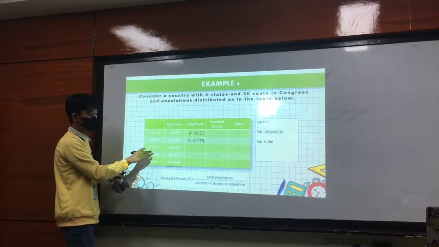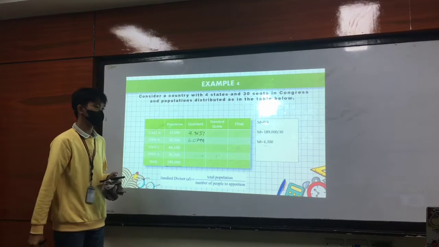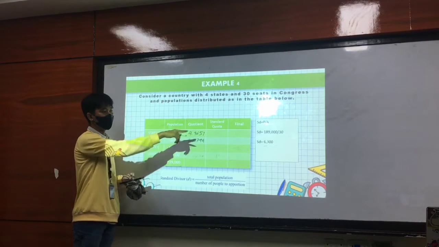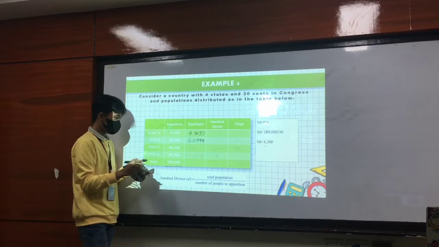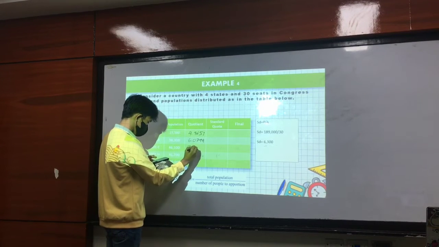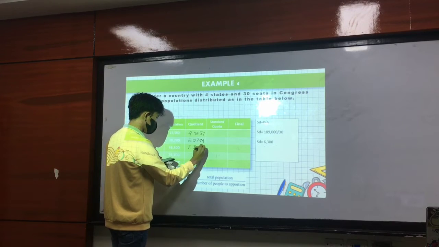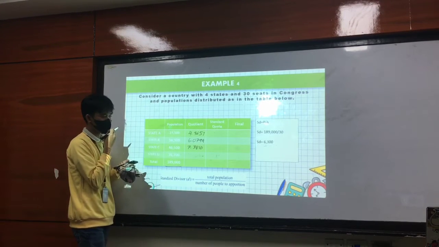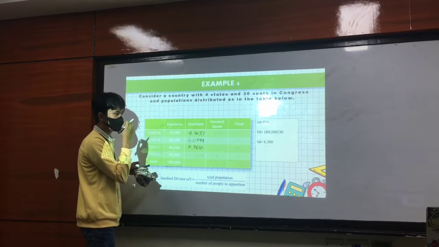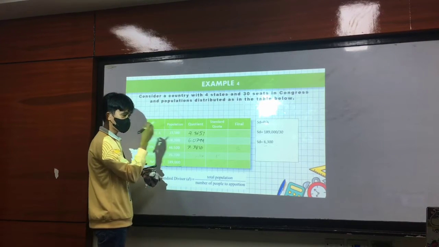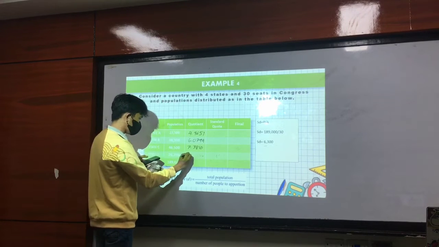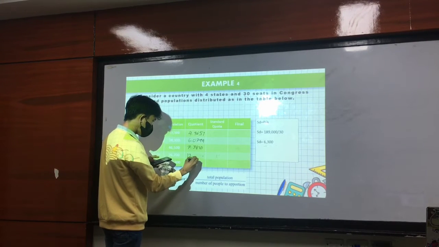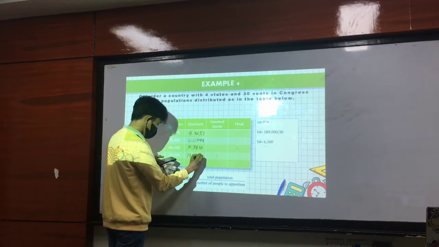In state C, 46,500 divided by 6,300, and we got 7.3810. And lastly, state D, we got 76,700 population divided by our standard divisor, which is 6,300. So we got 12.1746.